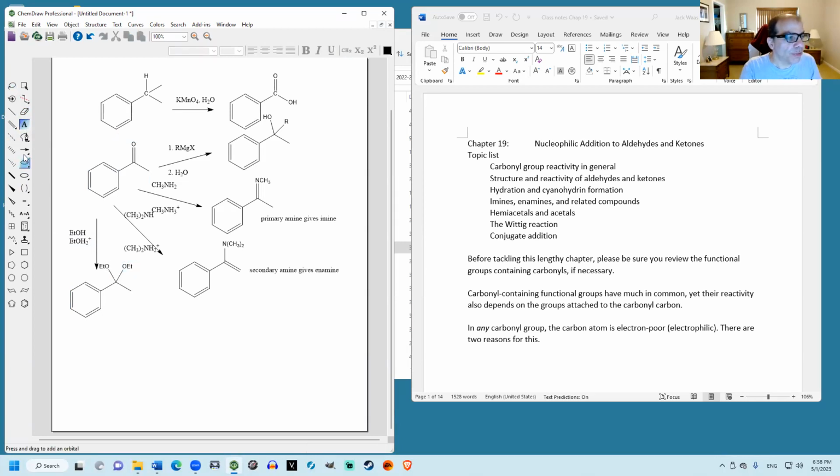Ethanol is the solvent, so there's an excess of it. Those really were the main reactions in this chapter.